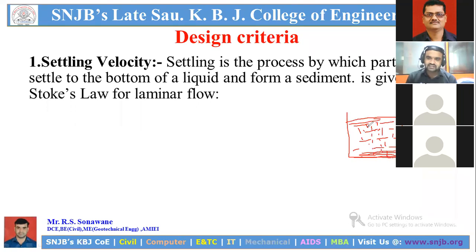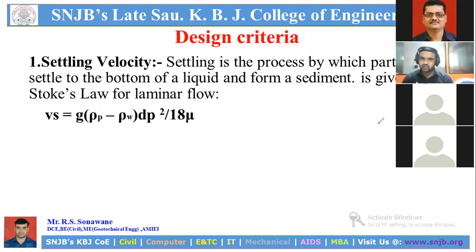And if it is laminar flow, you know turbulent flow and laminar flow, I will not discuss the properties of the flow, but you should be very well aware of laminar flow as well as turbulent flow. So Stokes law for laminar flow, which is related to settling velocity, we can see here: Vs is the settling velocity.